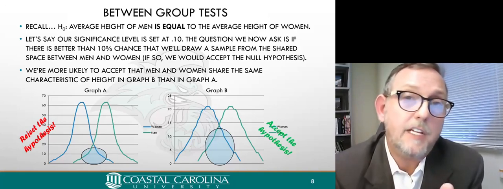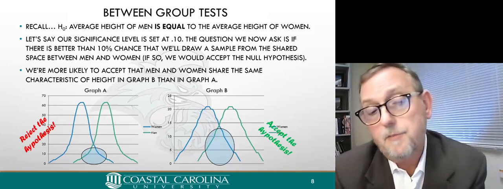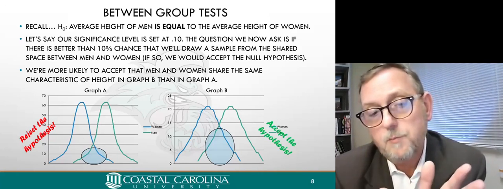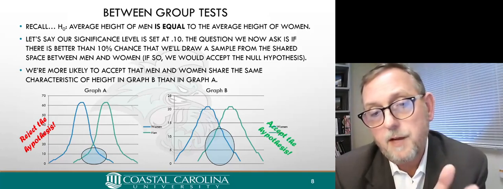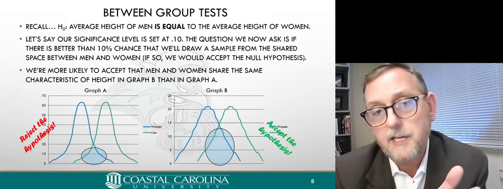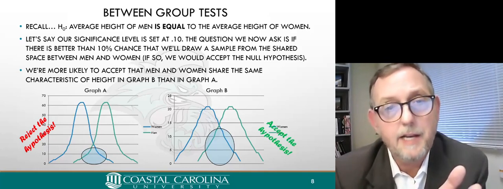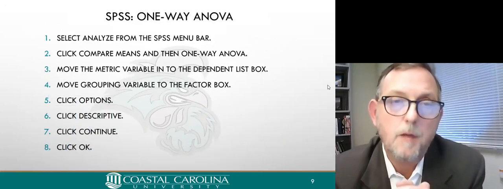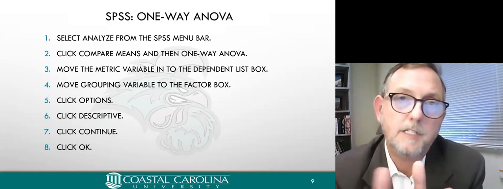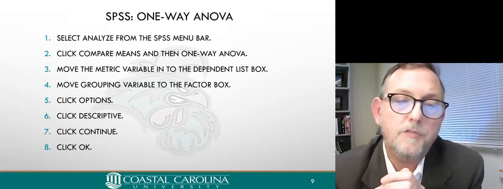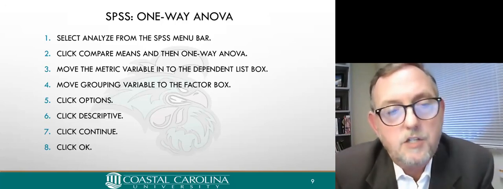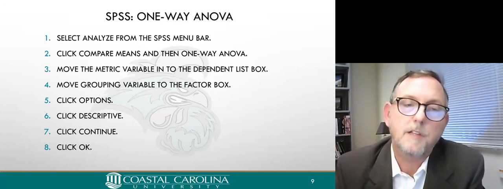If you have multiple metric variables, so we have a group, 2 groups, and then we have lots of metric variables, so not just height, but maybe height and weight and age and some other things like that, then we can do a MANOVA, multiple analysis of variance, MANOVA. Okay, so again, there are extensions to this that could certainly be done, so there's a lot of flexibility there that we could kind of look at.